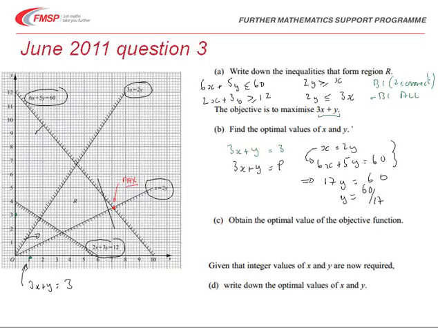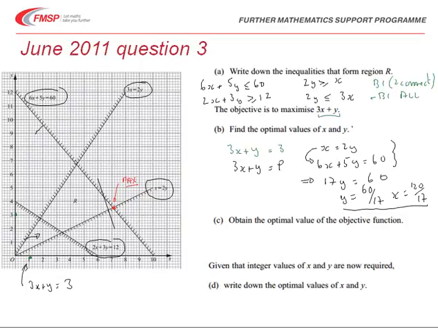As x is equal to 2y, we get that x is equal to 120 over 17. And we can leave our answers like that. So there's our optimum solution: x is 120 over 17, y is 60 over 17.